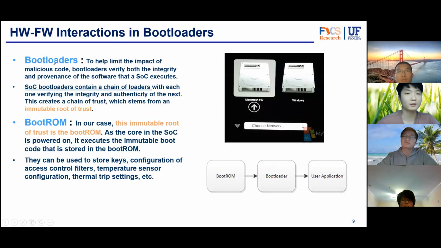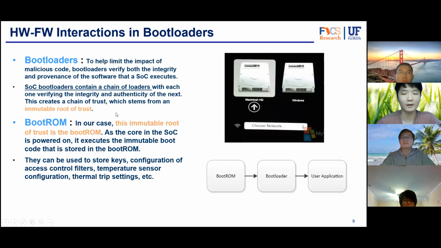First of all, what's a bootloader? SoC bootloaders contain a chain of loaders, with each one verifying the integrity and authenticity of the next. This creates a chain of trust which stems from an immutable root of trust. And this immutable root of trust is the boot ROM.